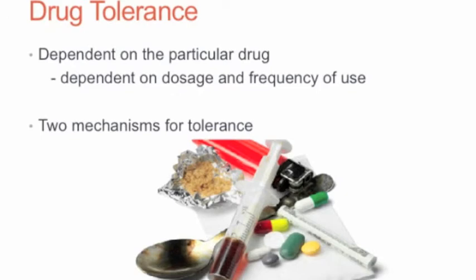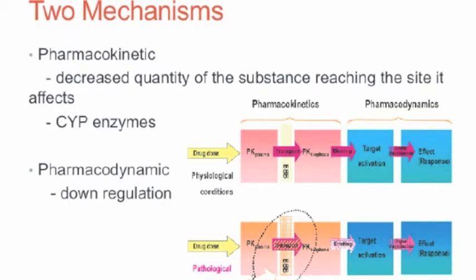There are two different mechanisms involved in building up a tolerance to a drug. Pharmacokinetic tolerance, which is known as dispositional tolerance, and pharmacodynamic tolerance, which is known as reduced responsiveness. Pharmacokinetic tolerance is the ability of the body to upregulate the production of certain enzymes required for the degradation of the drug.